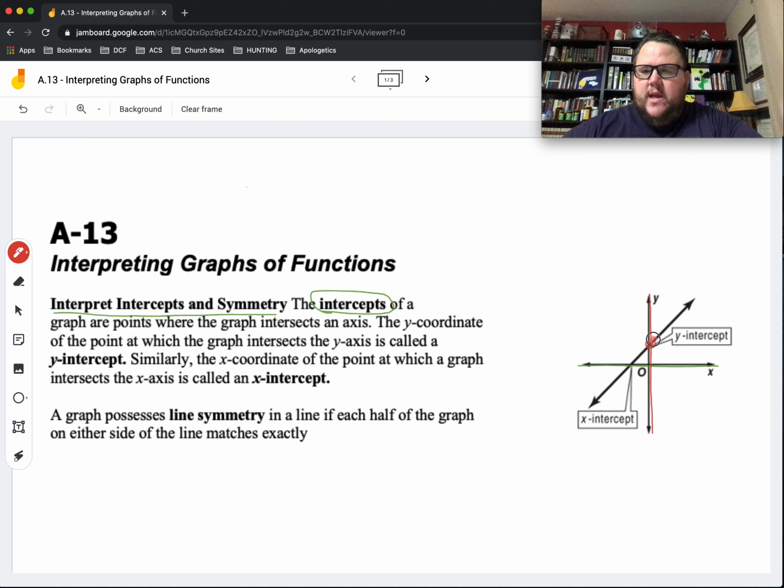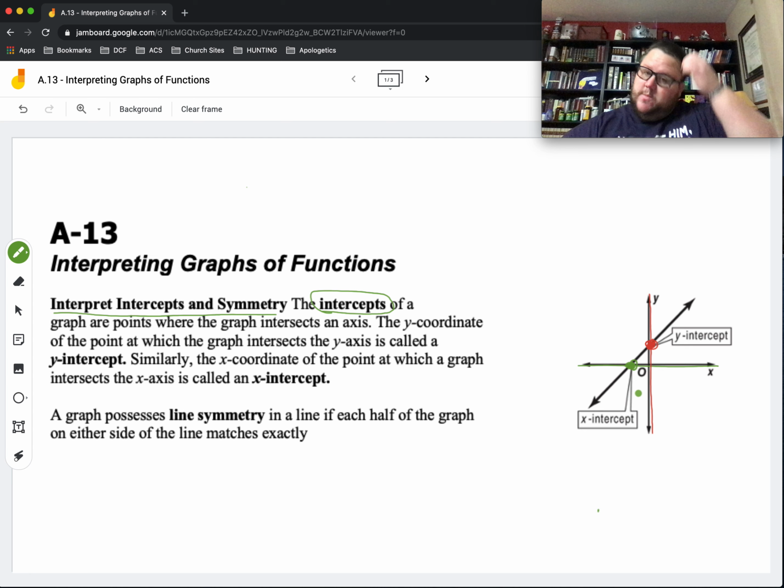If you look right here, the graph intersects the y-axis. That is the y-intercept. It's the point where it crosses that particular axis. The point that crosses the x-axis, which is right here, is called the x-intercept.